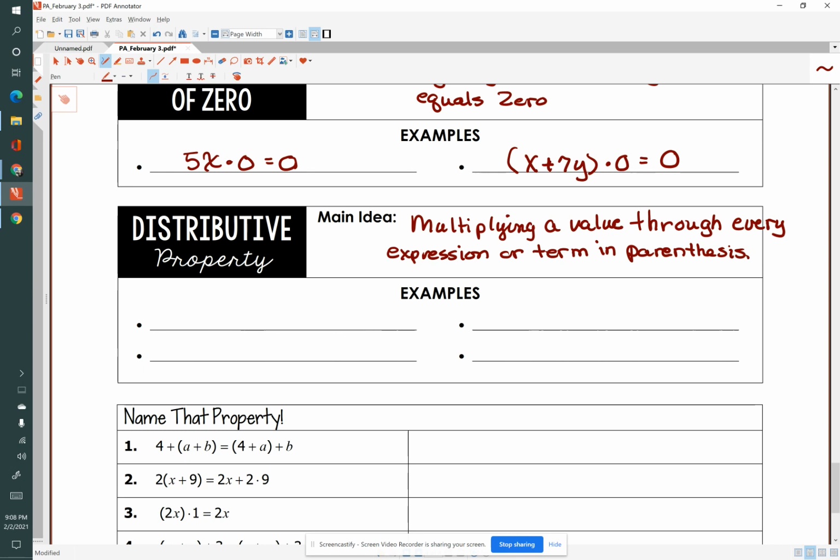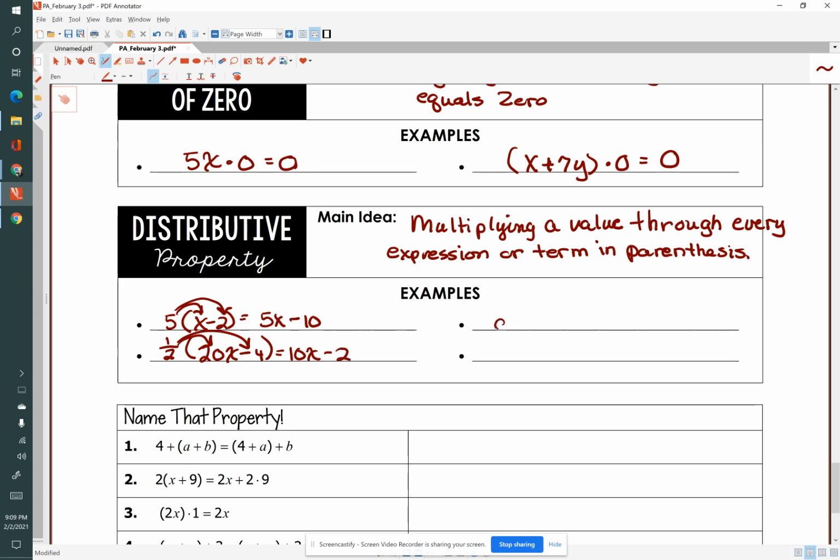So let's say, for example, if we have 5 times the quantity of x minus 2, that would equal 5 times x is 5x, and 5 times negative 2 is negative 10. If we had 1/2 times the quantity of 20x minus 4, 1/2 times 20 is 10, so that would be 10x. 1/2 times negative 4 is negative 2.